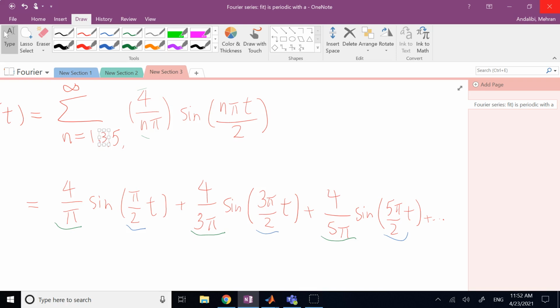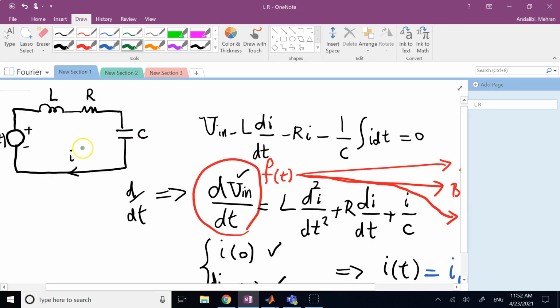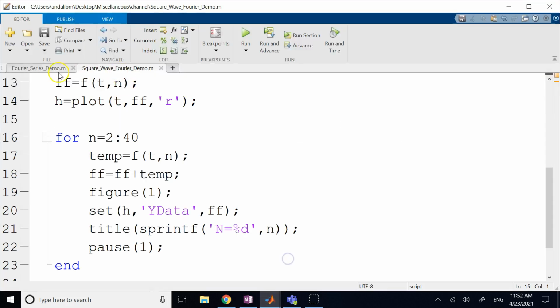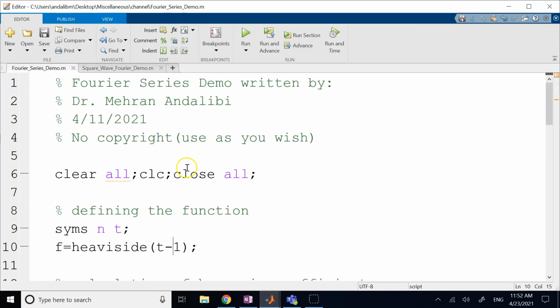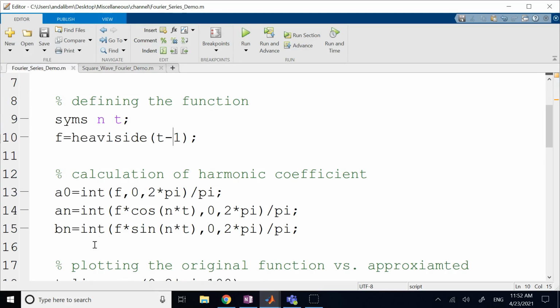Let me tell you one more thing, and then we go back to our original problem of solving the differential equation when this forcing function here is something like this wave. And I have some other piece of code that I wrote, and this one is for a general function that you can have.